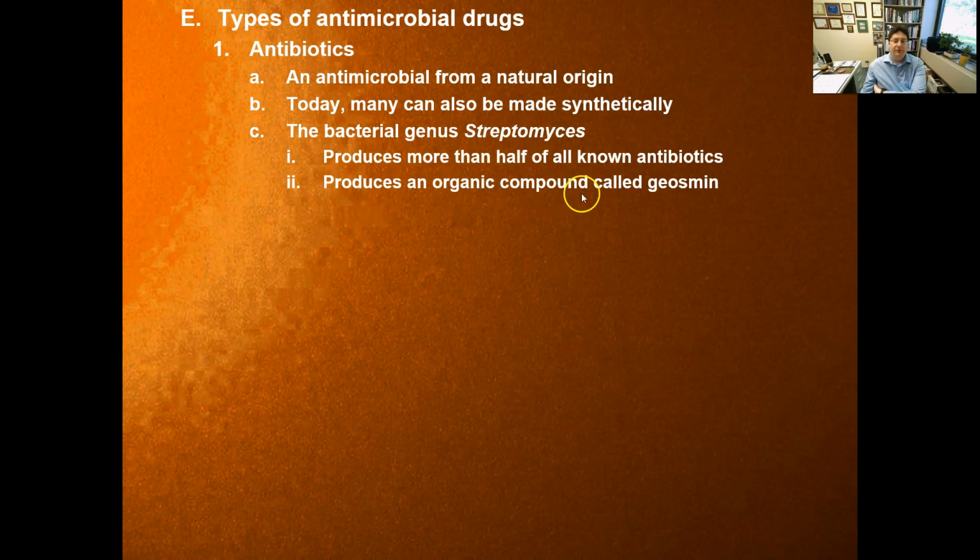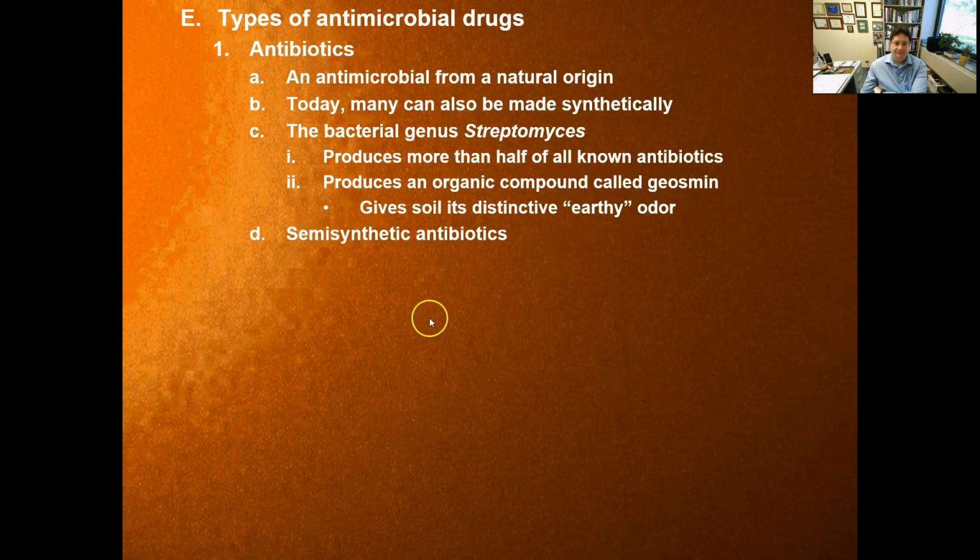It also produces a compound called geosmin, which is what gives soil its kind of earthy odor, like that odor of, say, damp dirt or topsoil. That's coming from this geosmin here. Antibiotics, again, ultimately come from a natural origin.